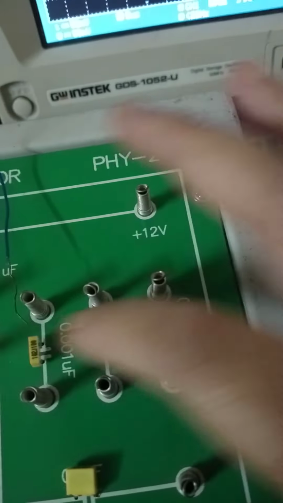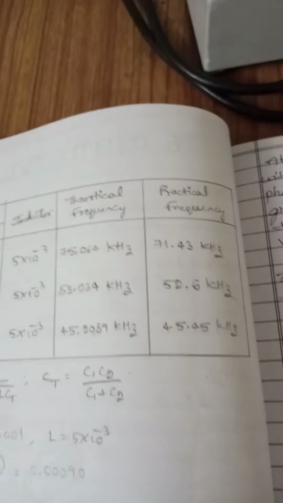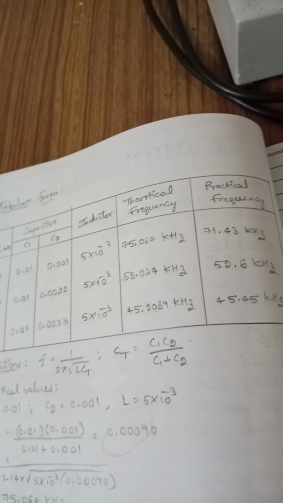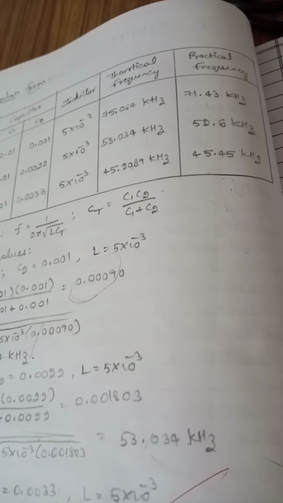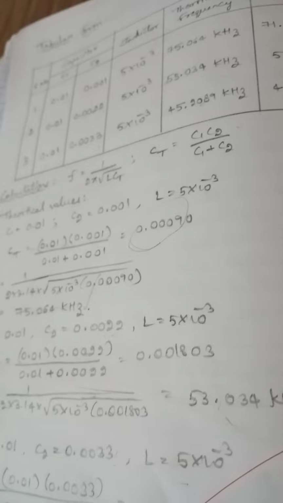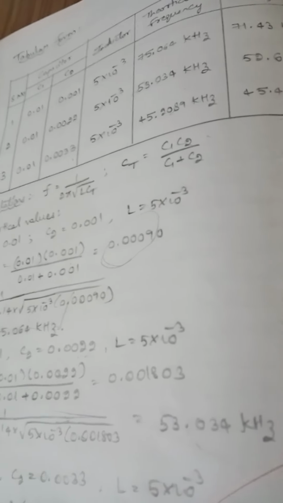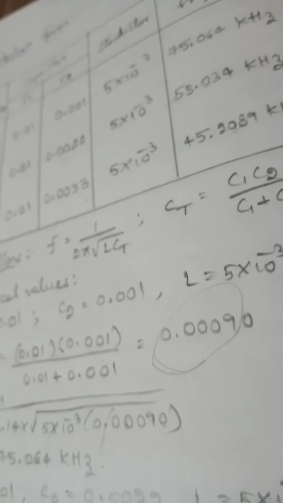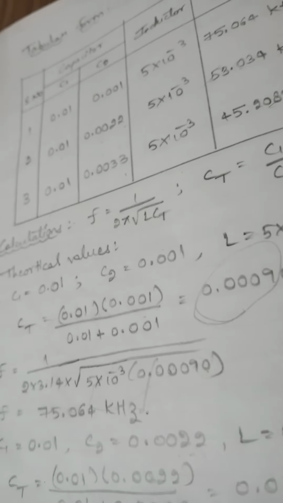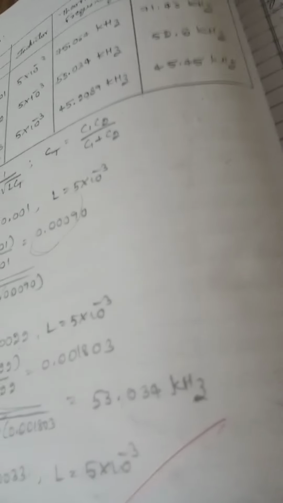C2 will be changing in 3 different values. We substitute in the theoretical formula, F equal to 1 by 2 pi root of LCT. After substituting, for the first combination we get the frequency 75.06 kilohertz, second 53, and third 45.